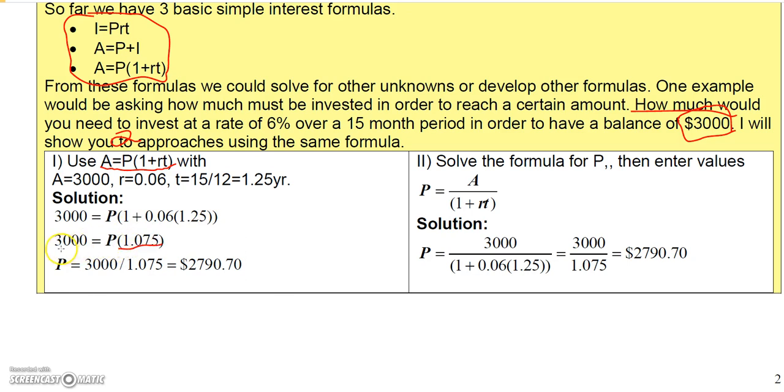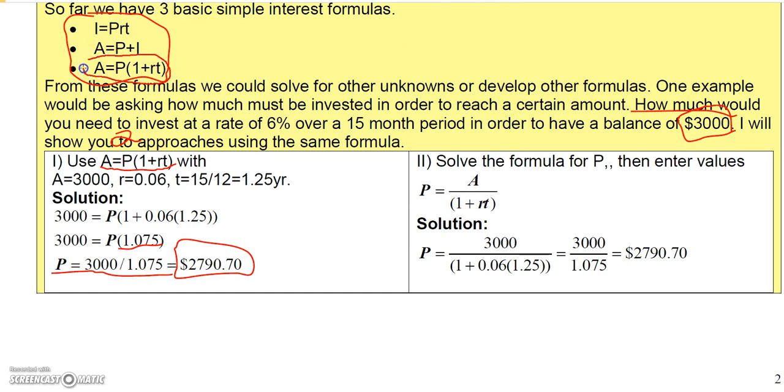So I simply have that 3,000 is equal to the principal times 1.075, and therefore to solve for the principal, I just divide both sides by 1.075, and I get that the principal is 3,000 divided by 1.075, and then to the nearest cent, that turns out to be $2,790.70.